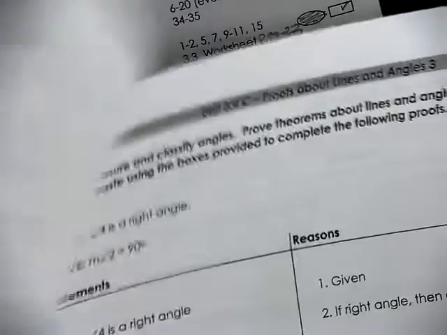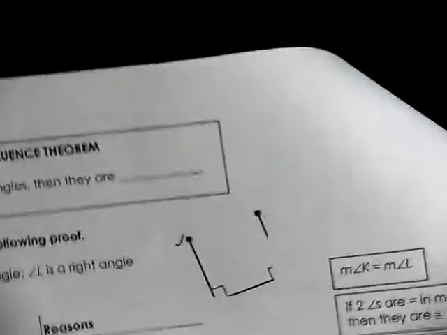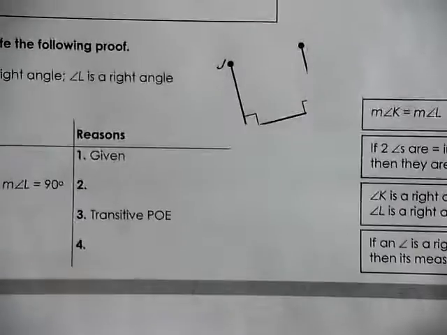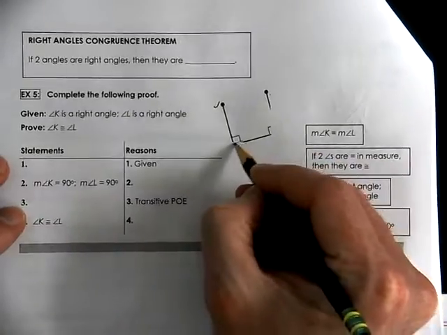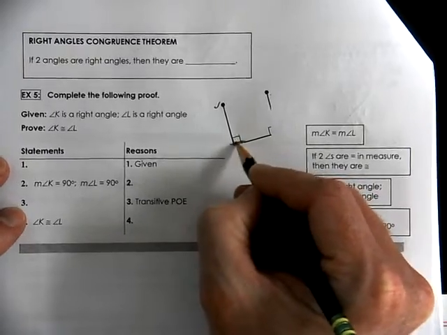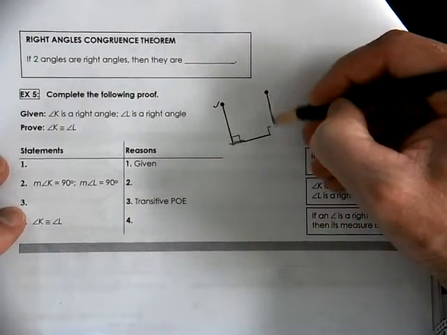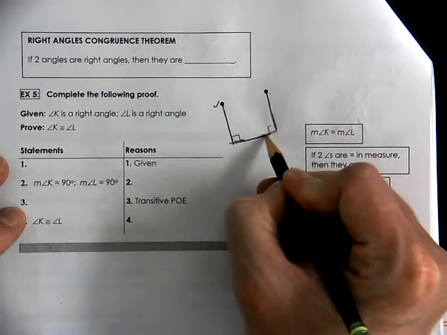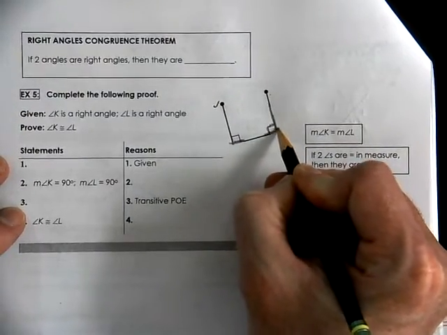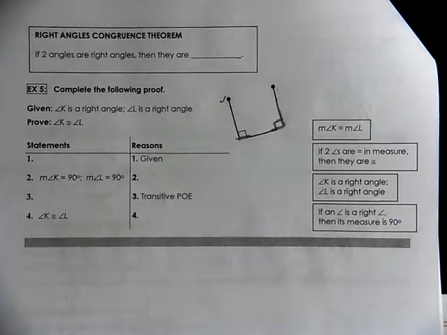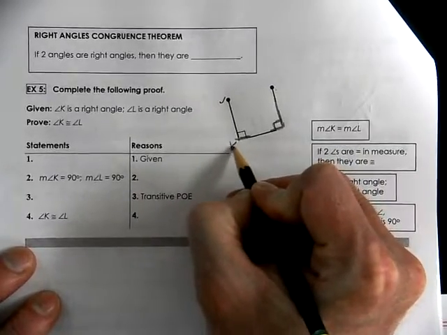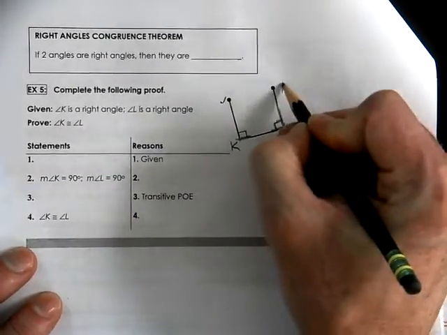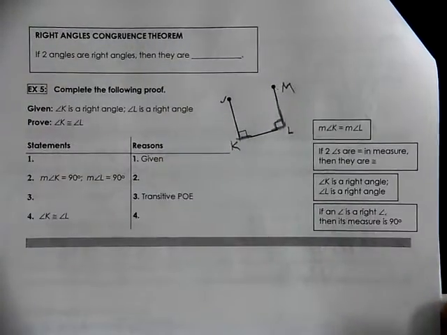In terms of time, let's flip it over. Let's take a quick look at our one example of a proof. J, K, L, and M. This got cut off a little bit.